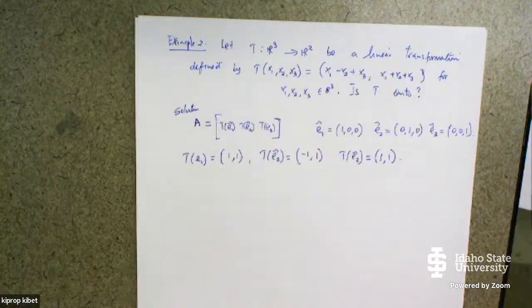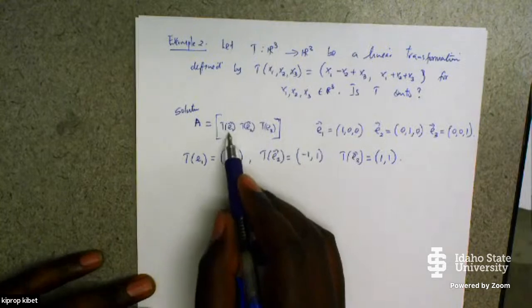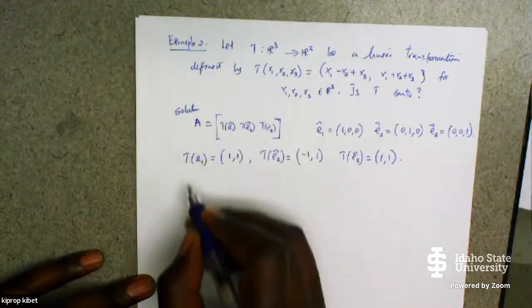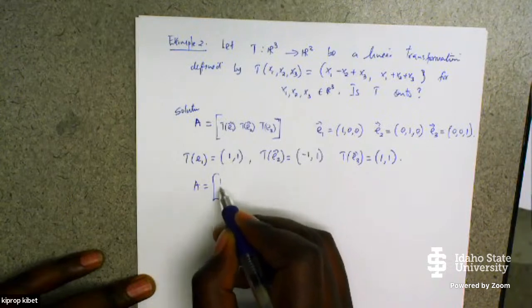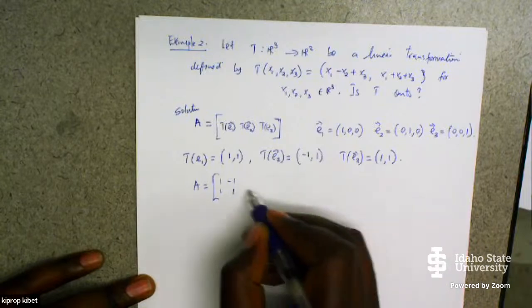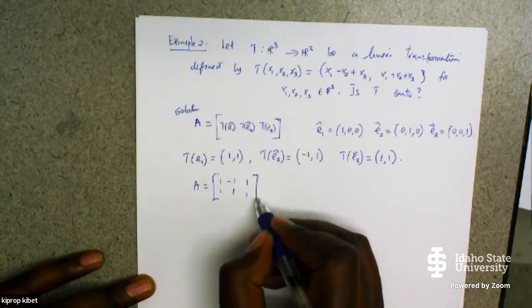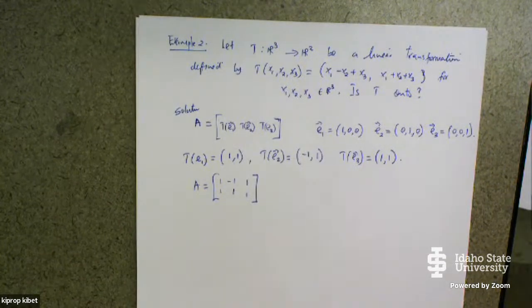So our standard matrix A equals 1, -1, 1, and then 1, 1, 1. So that is our standard matrix.